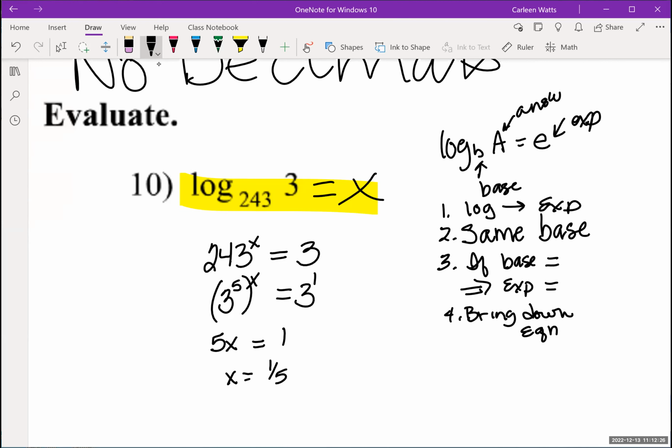Now, is there a quicker way to do this that I taught you last week? You could use the change of base formula. But if you use the change of base formula, you're going to get a decimal. Oh, it has to be 1/5. Let's try this on the calculator.